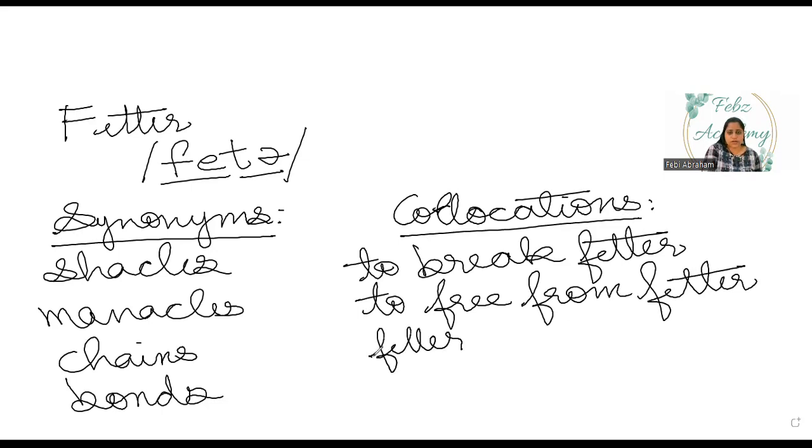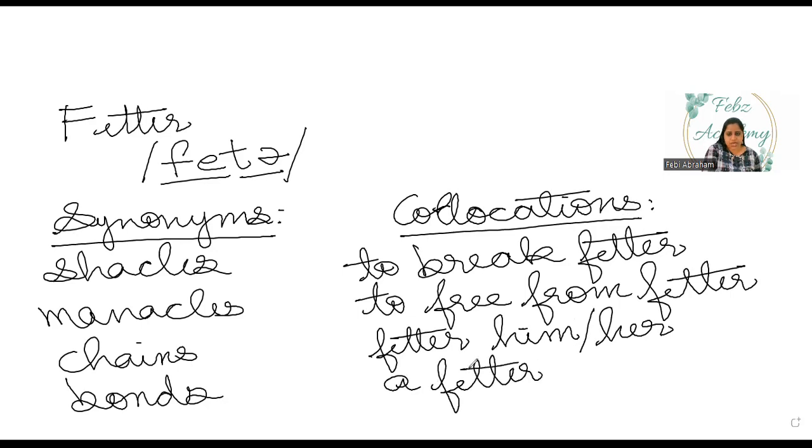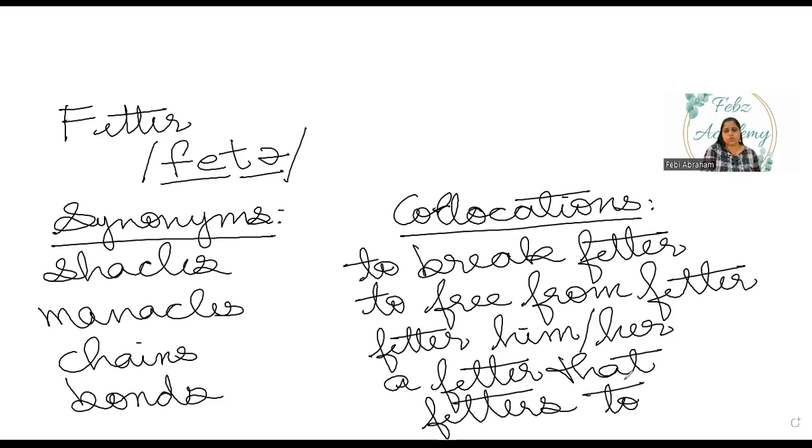Fetter him or her means chain him or her. Fetters to means chains to. Okay, so these are the synonyms and collocations of the word fetter.